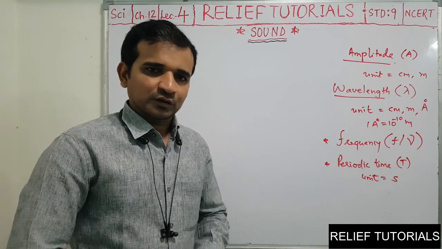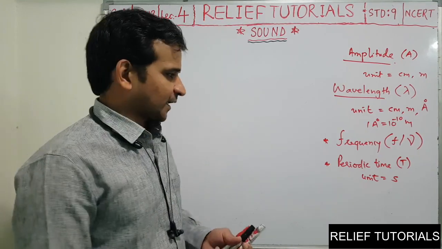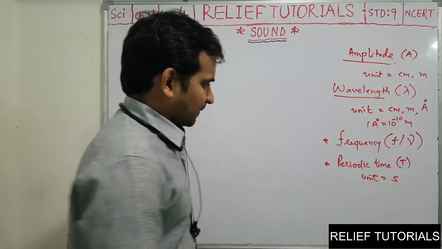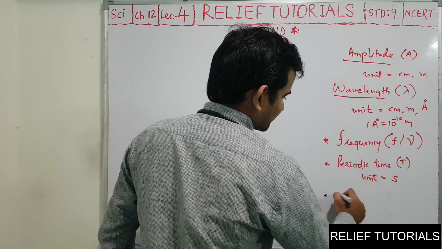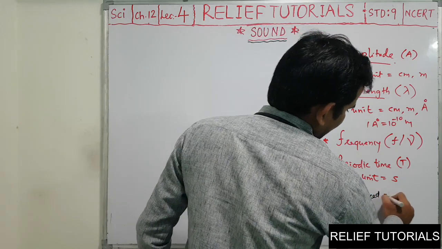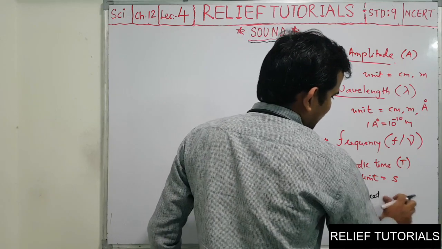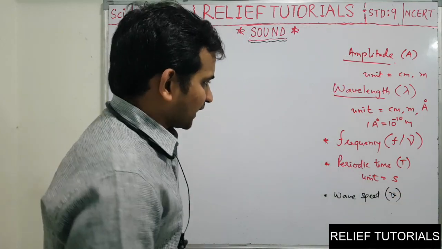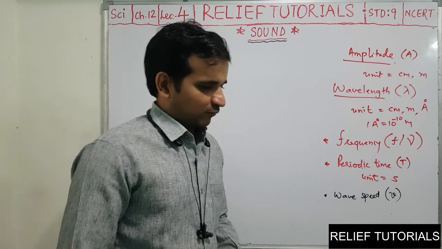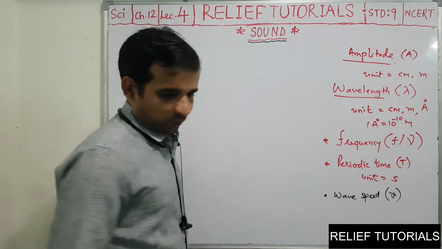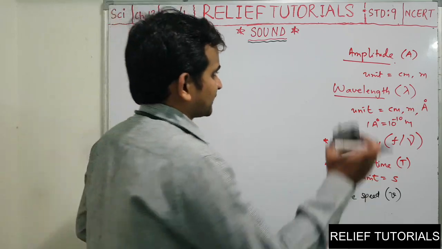Then I think we have seen wave speed, symbolized by V, the speed of a wave.